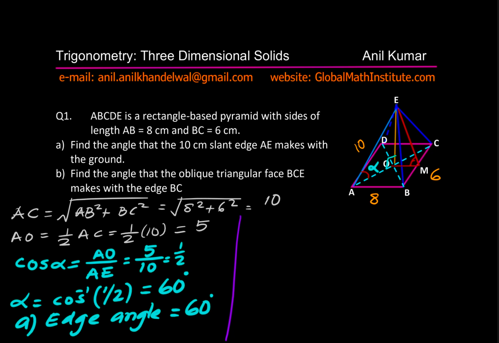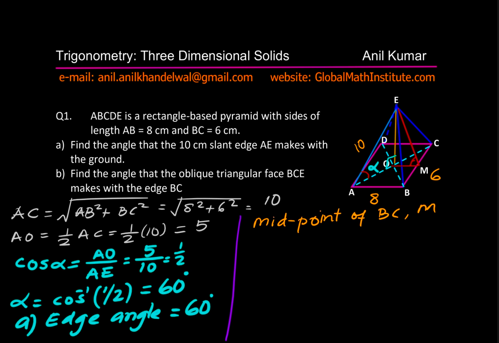So what we need to do here is to find the midpoint of BC. So the steps involved will be, we'll find the midpoint of BC, which is M. Now join that M with the center.